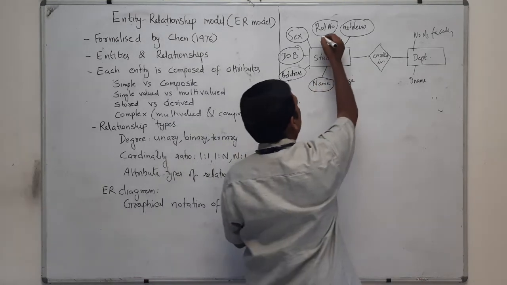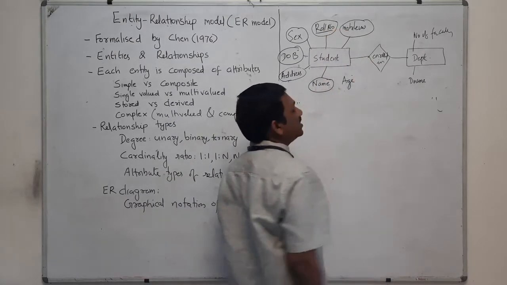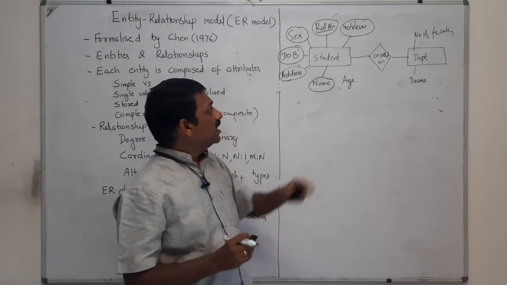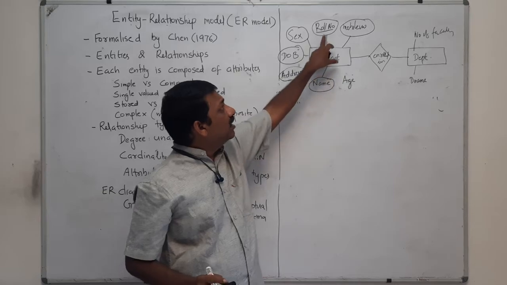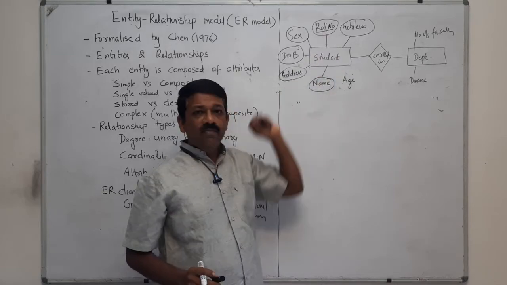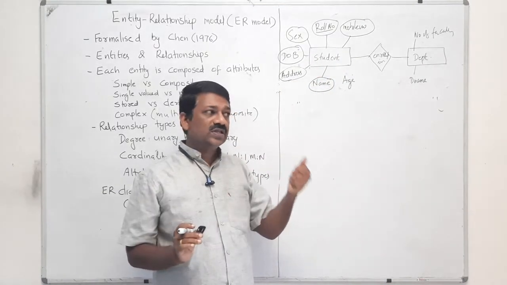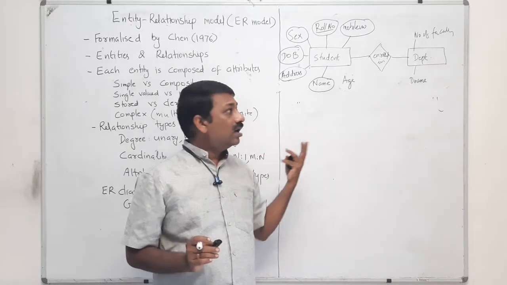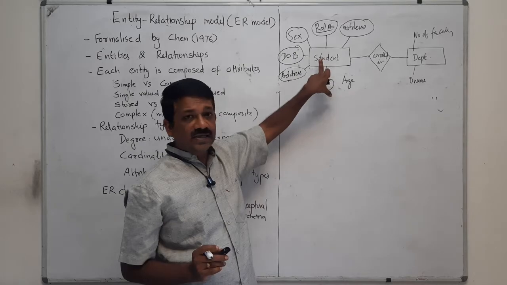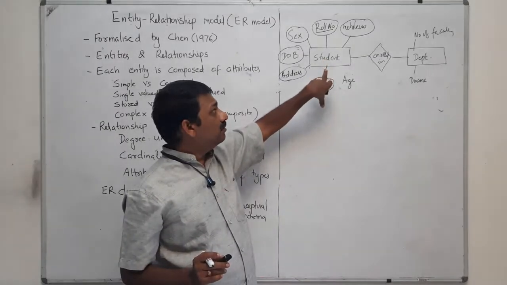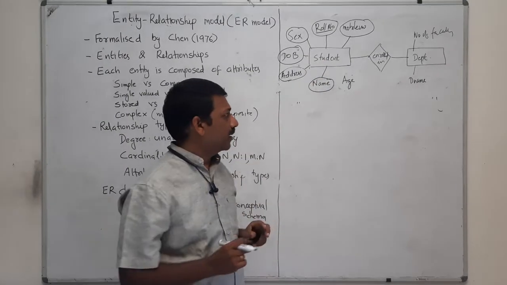In that case, we have to underline this roll number. That means it is a key value. If you construct a table like this, then this roll number is definitely the primary key. Using that primary key, you can retrieve a particular tuple from the relation.